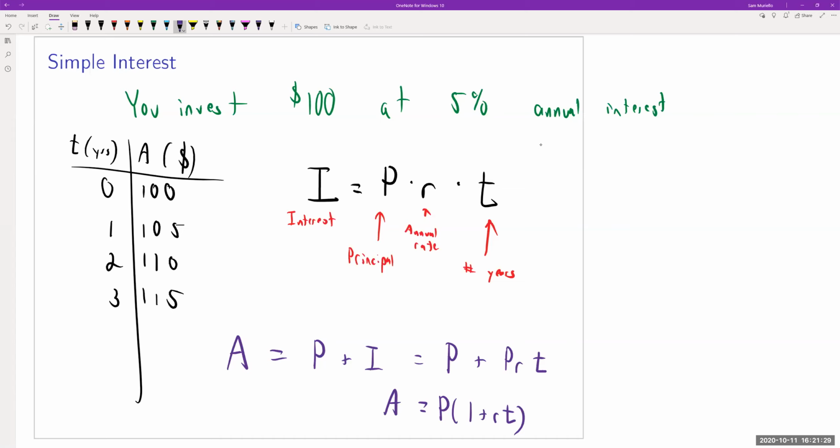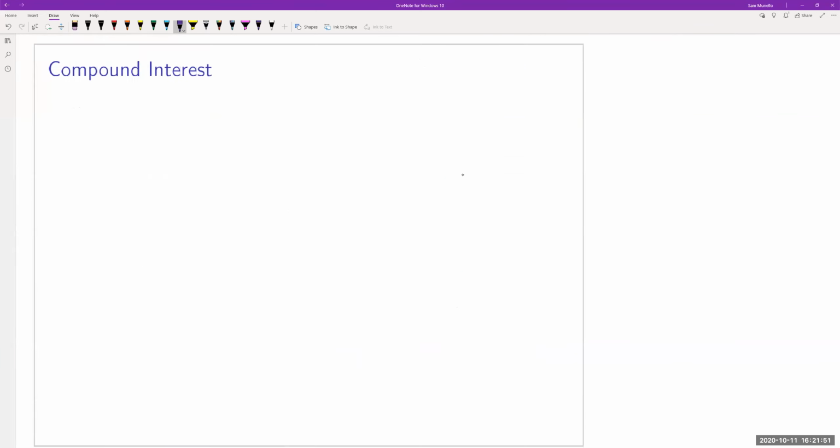That should have been earning interest, not the original 100. So the 5% should have been a little bit larger. It should have ended up being $5.25. So we should have gotten a little bit more the next year and a little bit more the year after. As a result, we're going to need a more complicated formula, and the idea is called compound interest.